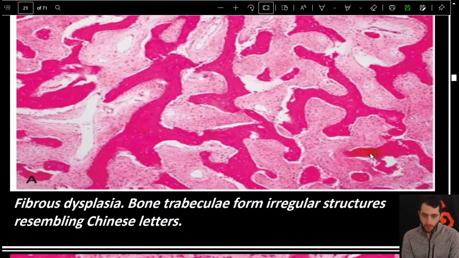As we can see in this lecture, fibrous dysplasia shows bone trabeculae forming irregular structures resembling Chinese letters. The café-au-lait-like pigmentation on the skin resembles this lesion, and also a polyostotic lesion.